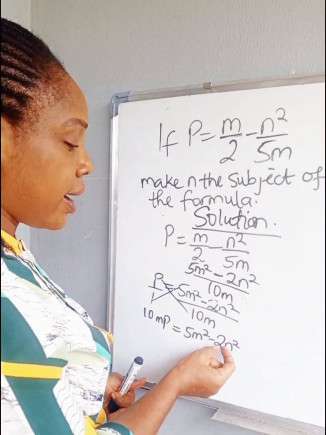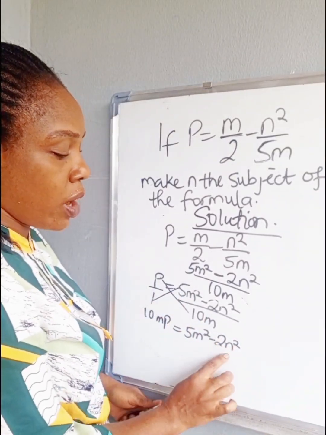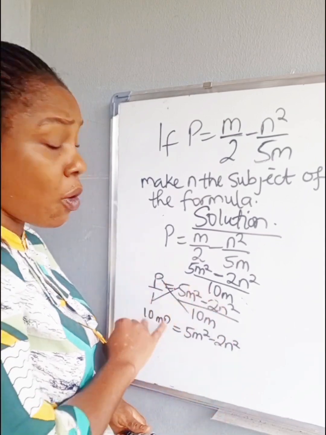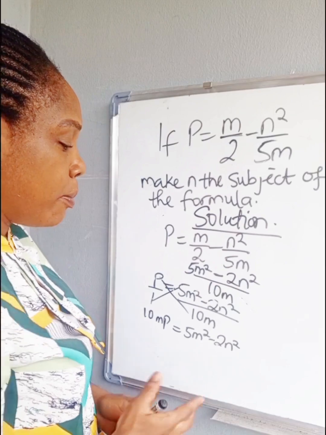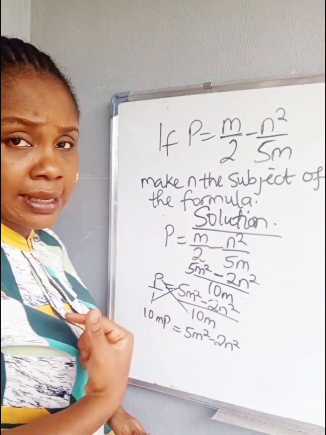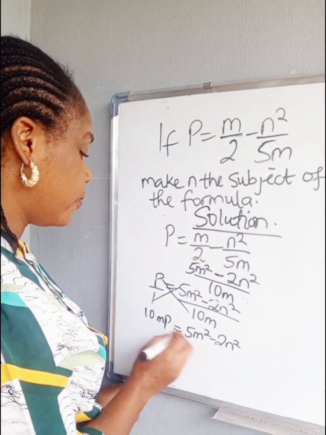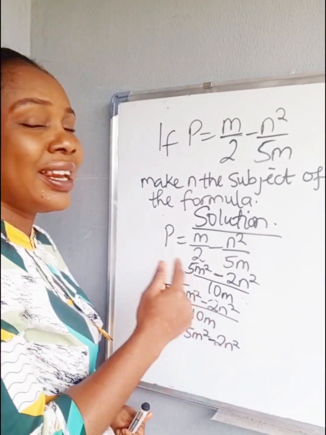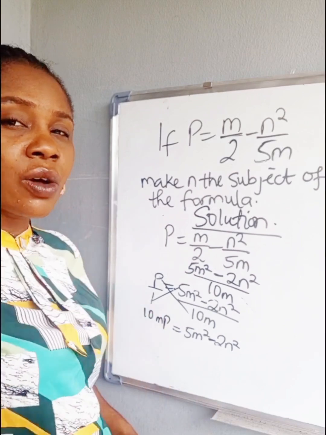Okay, we'll make 2n squared. Since we want to make n the subject of the formula, we'll be making it stand on its own, okay, by doing what? Moving it to the left hand side of the equality sign. Okay, so we have, this is negative 2n squared. So moving it down to the left hand side of the equality sign, it turns to what?